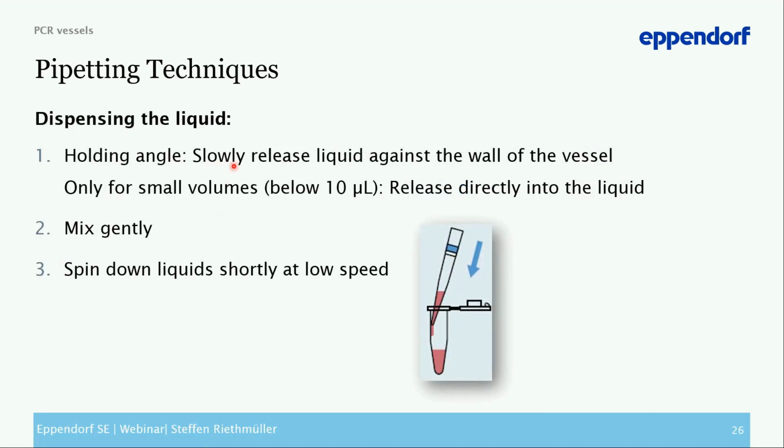When dispensing the liquid, the holding angle should be like this or similar, and the liquid should be released slowly against the vessel wall. In case you have volumes below 10 microliters, you could also release the liquid directly into the sample and then mix gently and spin down the liquids.